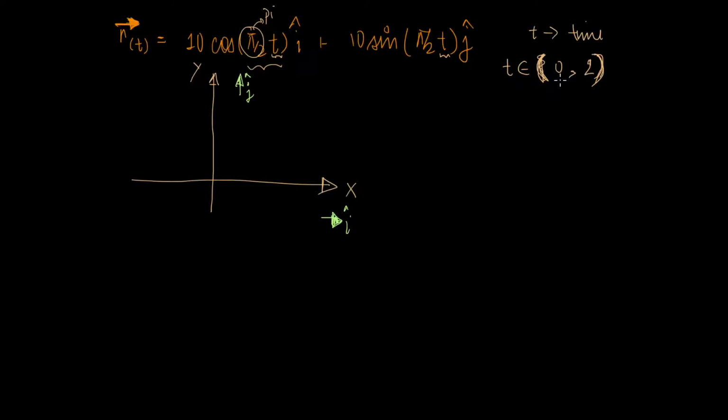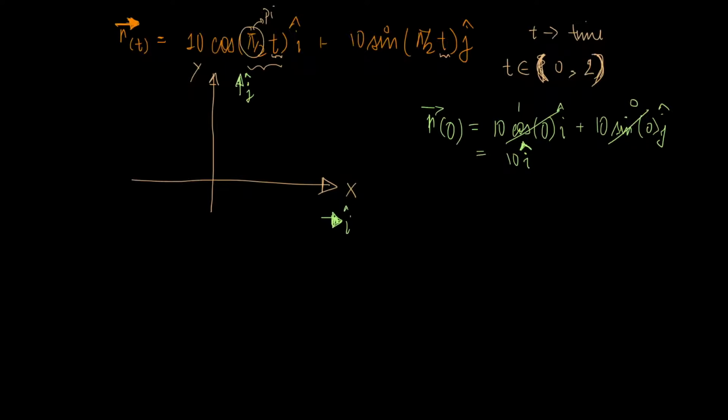So let's start from the lower limit, or time t equal to 0. So r of 0, or 0 seconds, if seconds is the unit we want to measure in, would be equal to 10 times cosine 0 i cap plus 10 times sine 0 j cap. So this gives us 10 i cap, because cosine 0 is 1 and sine 0 is 0. So you only get the contribution from the i vector term.